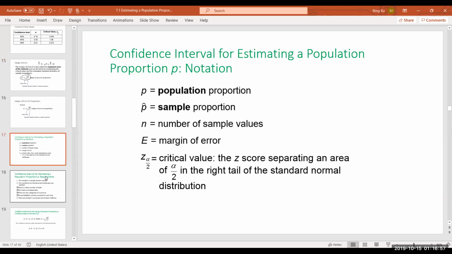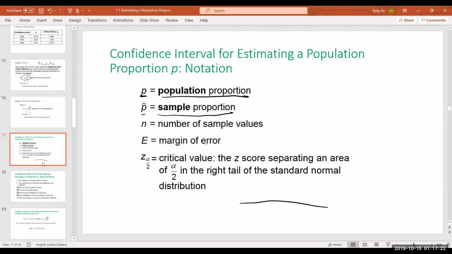Some notations. P here is the population proportion. P hat is the sample proportion, which is also the point estimate of the population proportion. N is the number of samples, your sample size. E is the margin of error, and Z alpha over 2 is the critical value.